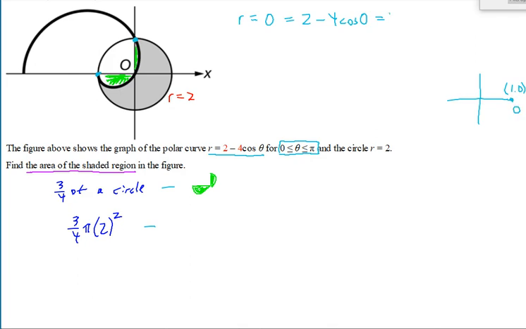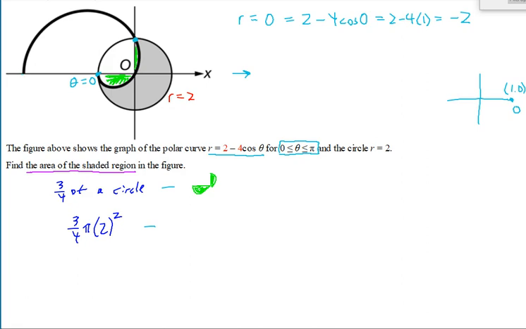So this would be 2 minus 4 times 1, which is negative 2. So 0 is this direction, but we have a negative value for the radius, so it goes negative 2. And we know it's going to be right here because this circle has a radius of 2. So this corresponds to theta equals 0. It looks like that's where we're going to start here instead of here. If we'd gotten a number larger than 2 in size, like negative 5, then we would know we'd be starting at this part of the curve.